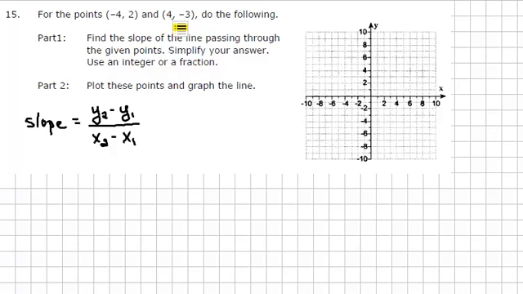So if we designate (4, -3) as the second point, then y2 will be negative 3.